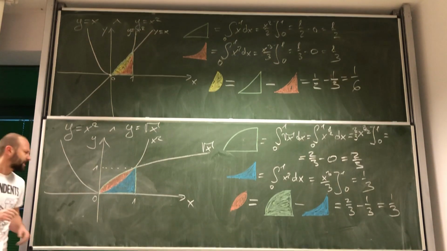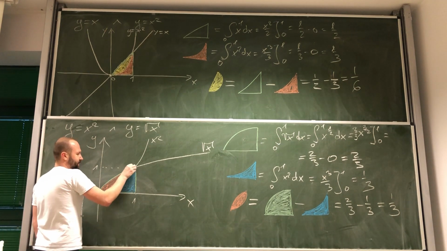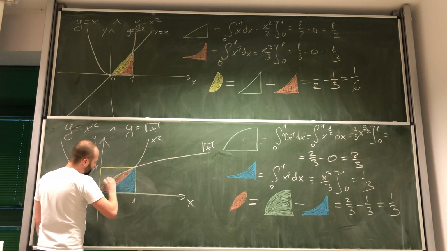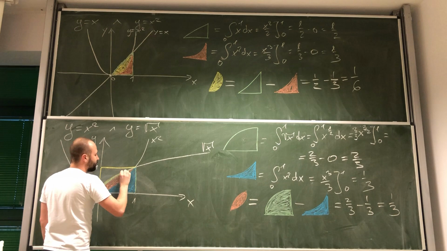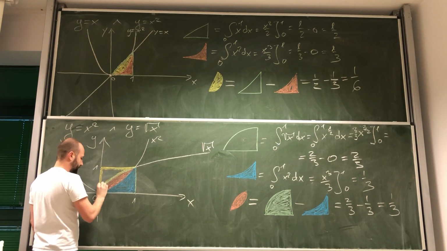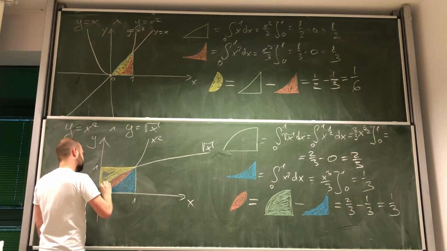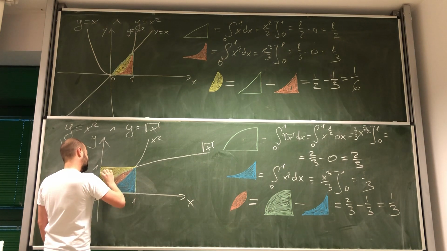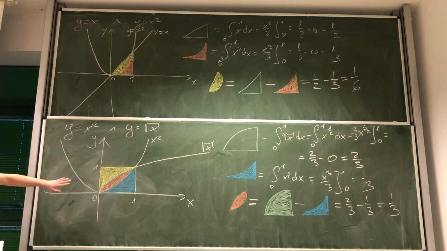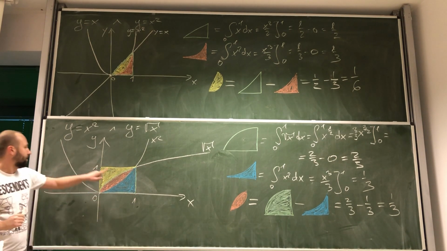I just want to stop at this example. Look, what we get from this is something very interesting. If I take the square that we've got over here, and this is a square of size 1, right? 0 by 1 by 1.